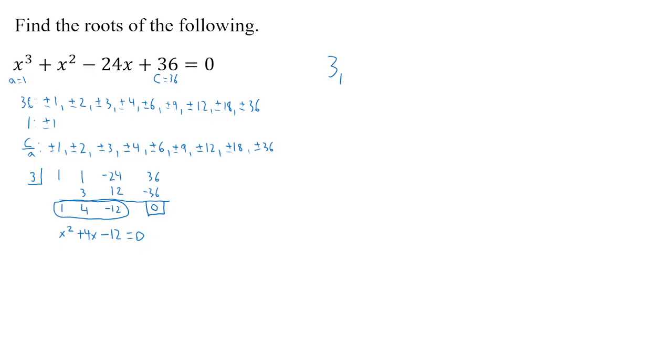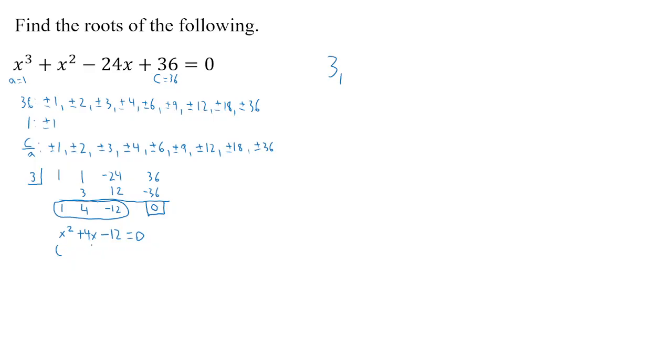By the way, the 0 is not the 0 that's in the remainder box. But we're setting it equal to 0 to find the other 2 roots. And we're going to solve this by factoring.